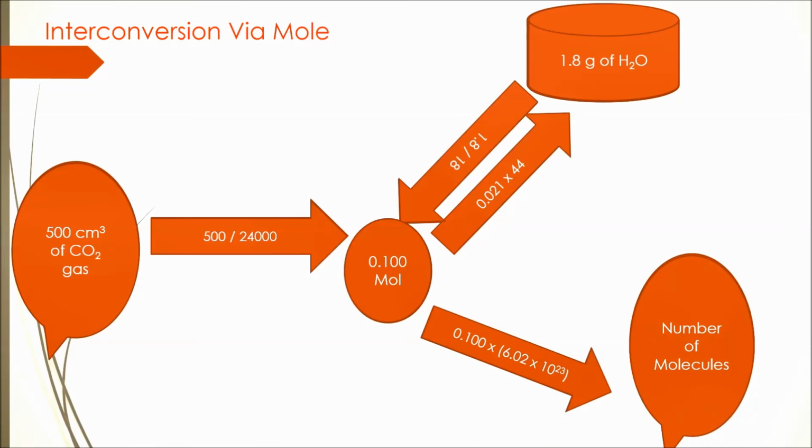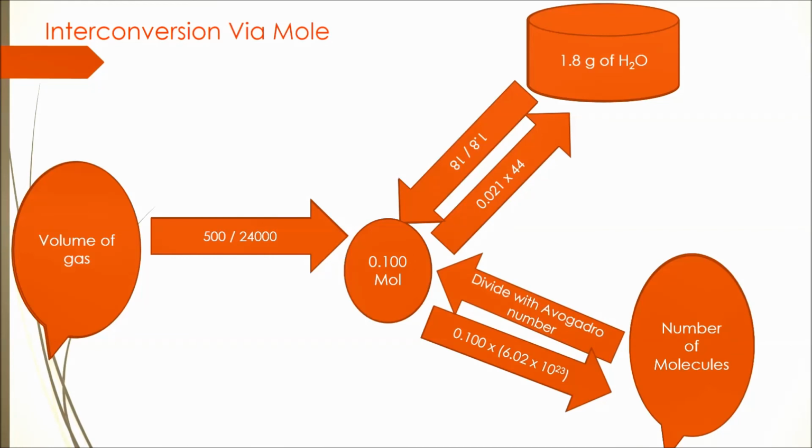And finally and lastly, consider you have a certain number of molecules and you want to convert this into a volume, what volume it should occupy. Then first let's convert this number of molecules into mole by dividing this number with Avogadro number. Then when you have mole, it is converted into volume of gas by multiplying.